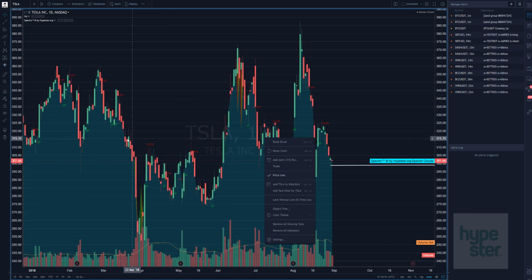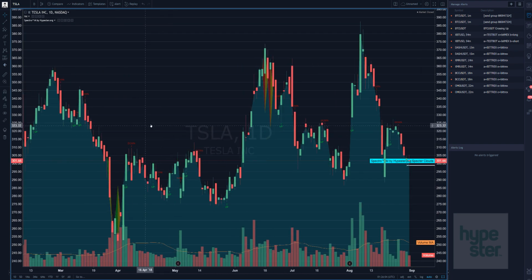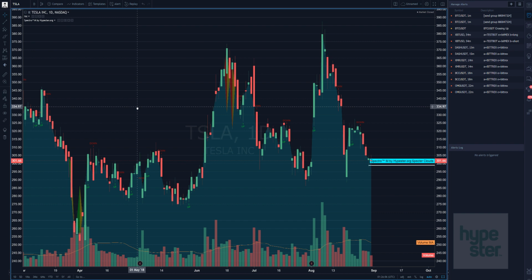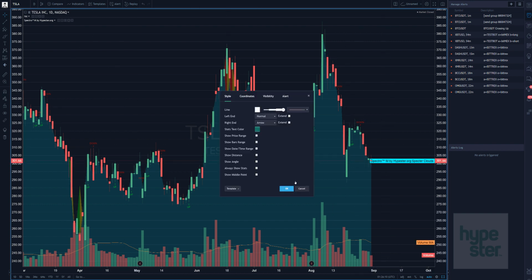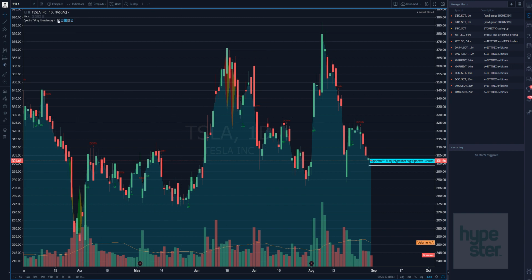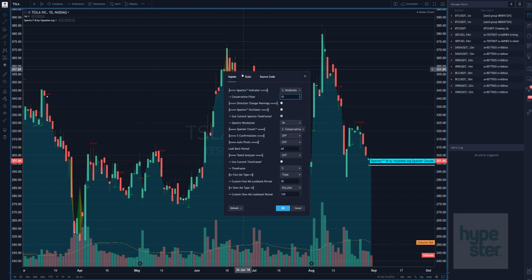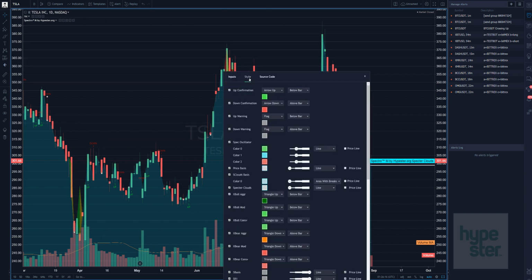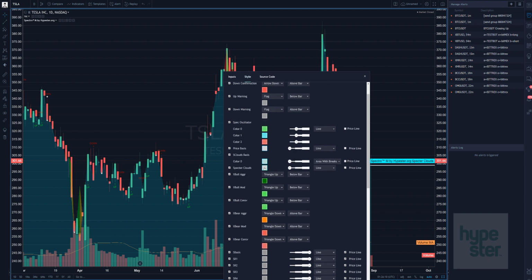Okay, so we have a Spectre cloud here. Remember, everything can be edited and changed. So we want to know what's the Spectre cloud basis and what's the Spectre cloud. So you see S cloud basis.